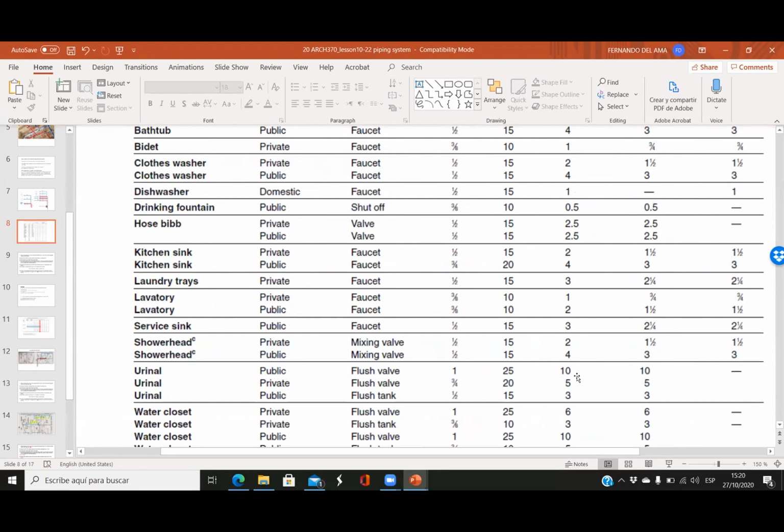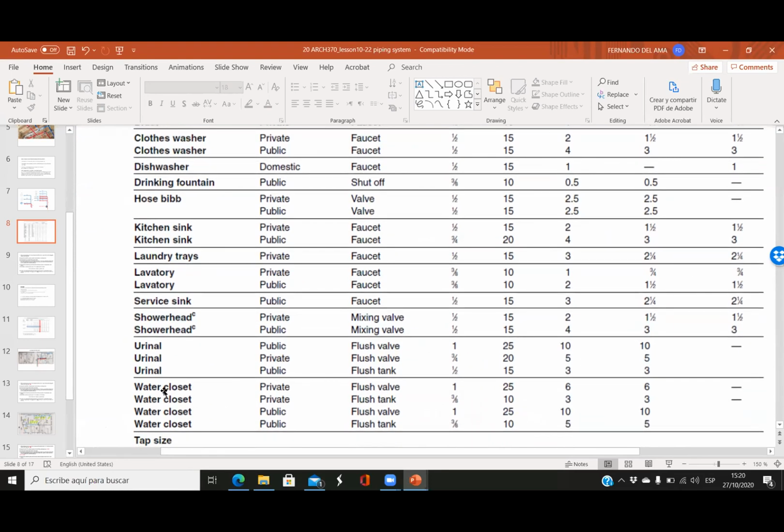Water supply fixture units. What about the toilet? The toilet is a water closet. So the water closet, let's say a public building, and we have the flush valve and the flush tank. I don't know. Let's select this. I have selected this because it's the thinnest one. Well, this is just an example.